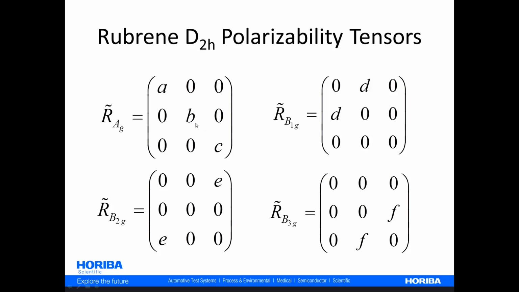And what you see then are letters A, B, C, D, E, and F. Those letters indicate non-zero values for those tensor elements. All the other tensor elements are then 0. Now, why is that important?